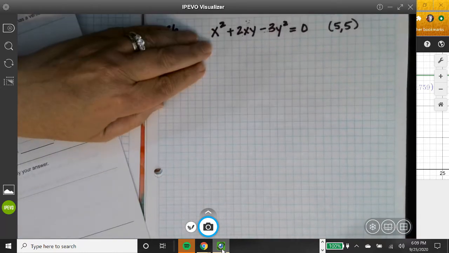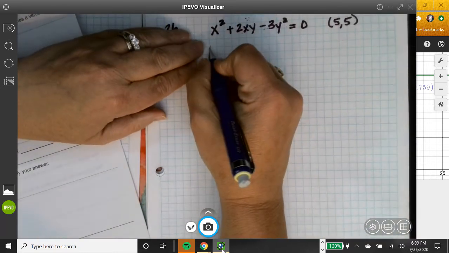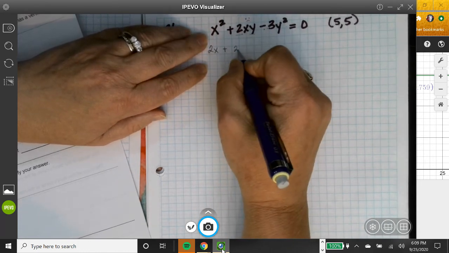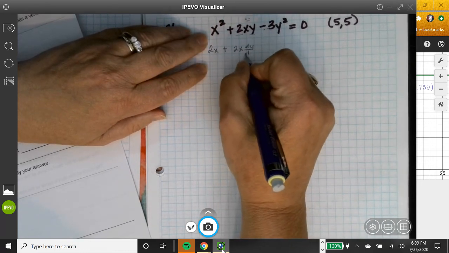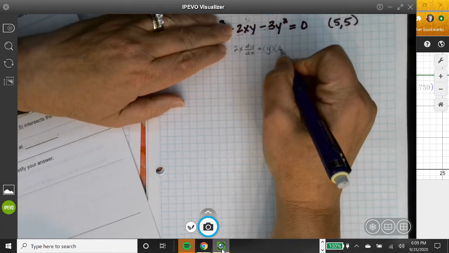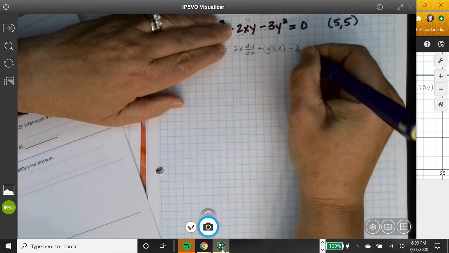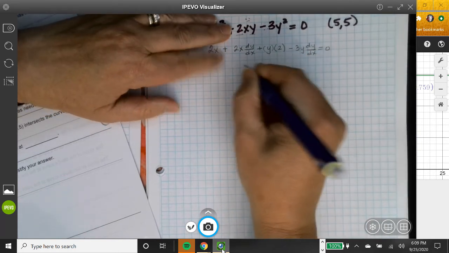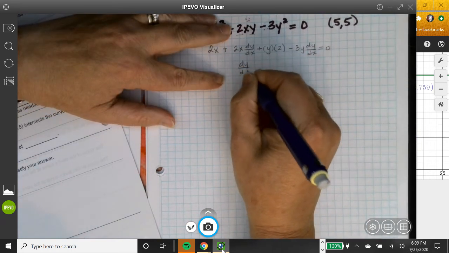We're going to take the derivative of this implicitly, which will be 2x plus, and this is first and this is second, 2x dy/dx using the product rule, plus second, which is y, times the derivative of the first, which is 2, minus 3y dy/dx equals 0. Solving for dy/dx, I'm going to factor out first.